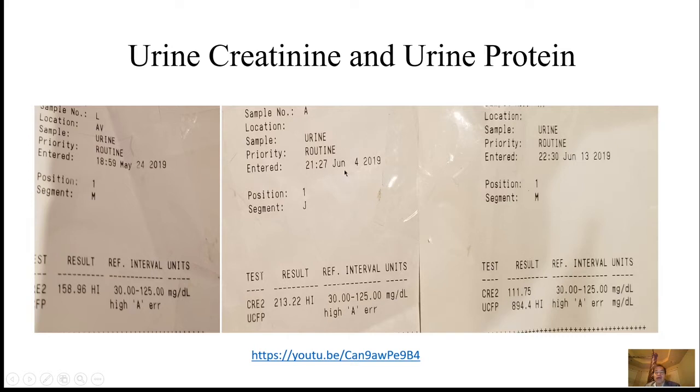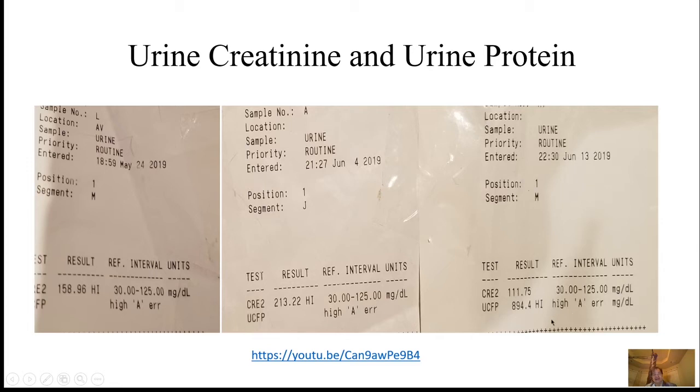But on June 1, she started taking turmeric, hesperidin, and other minerals. Just click link below, you will know what she's taking. So on the 12th day, the creatinine was reduced to half, 111, and the urine protein is now detectable to the linearity limit. It is now less than 1,250, which is 894 milligrams per DL.